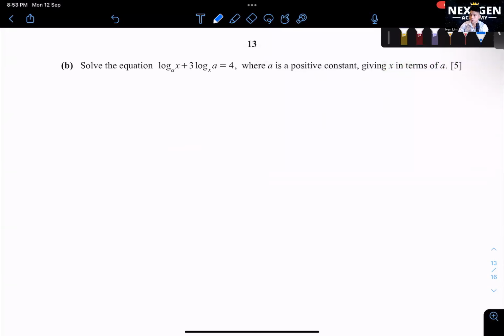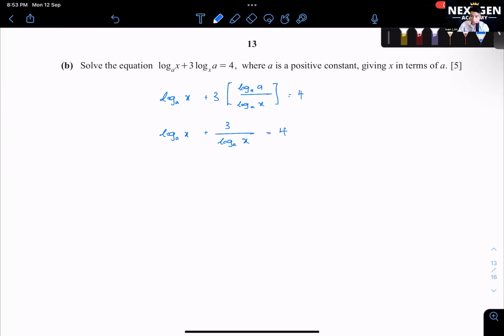This particular question is for log. So you go and change your base. You either change it all to log a or change it all to log x. The example that I'll be giving is to change it all to log a. So change of base: log_a x plus 3 times log_a a over log_a x equals 4. So log_a x plus 3 over log_a x equals 4, because log_a a is 1.